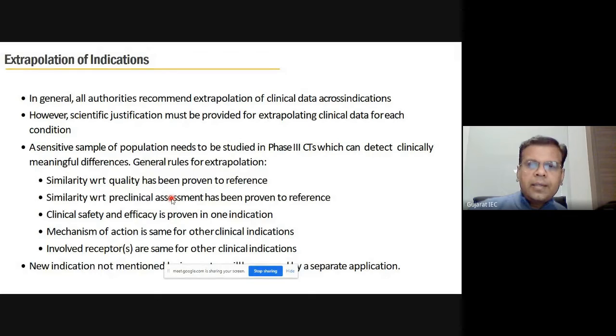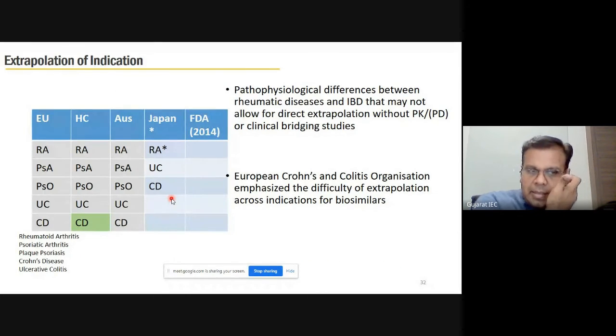You may not get approval for indications of plaque psoriasis or any other indication. So this is a sort of extrapolation of indication summary.